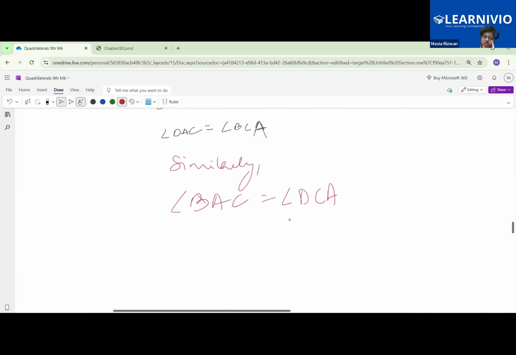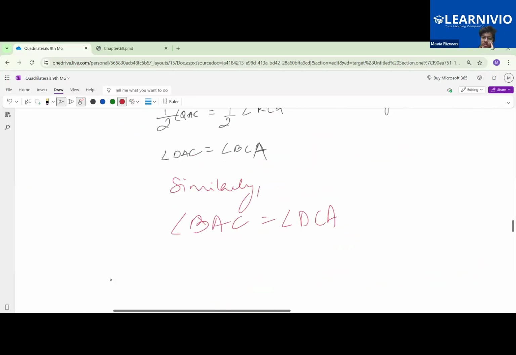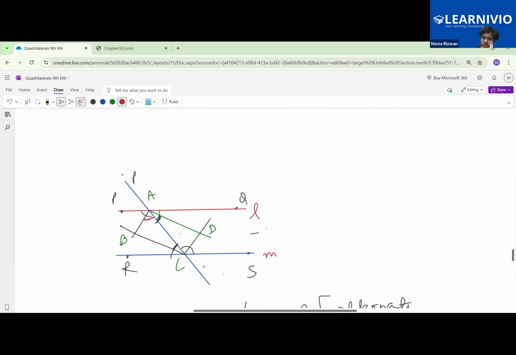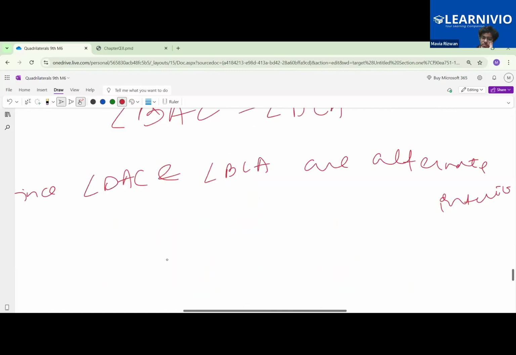So therefore, since angle DAC and angle BCA are alternate interior angles, AD is parallel to BC.